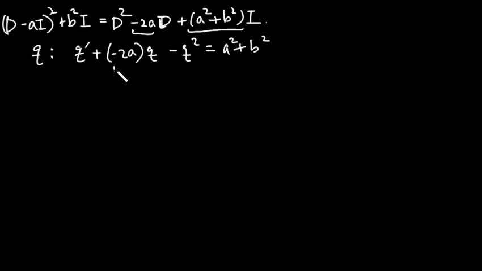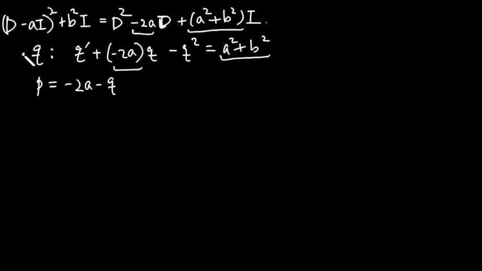So that part here is the coefficient of D, and that part here is the coefficient of i. The q is the coefficient of the second factor, and it's the solution of this equation. And p is simply this negative 2a minus q.